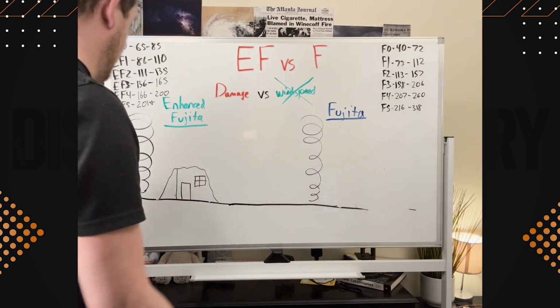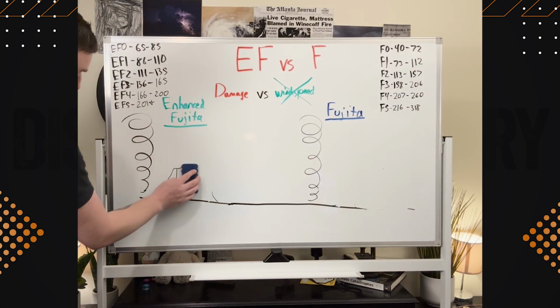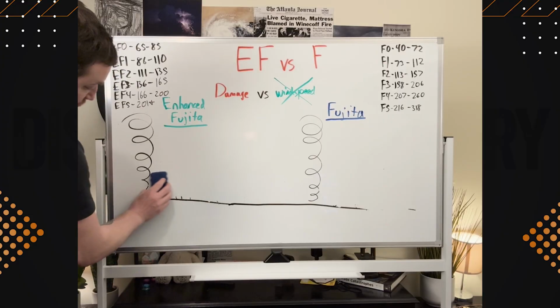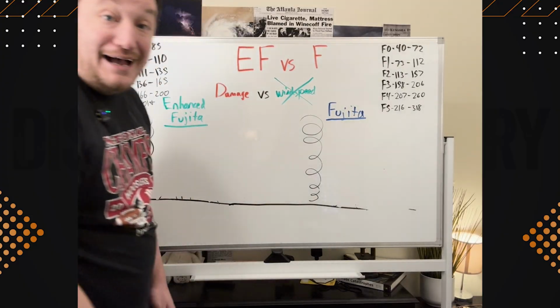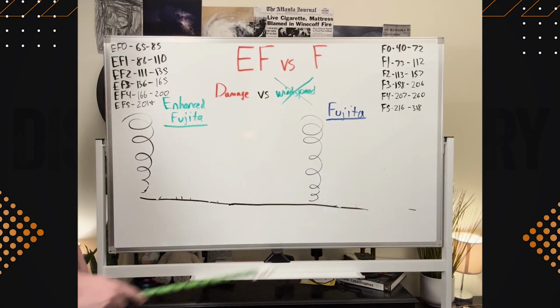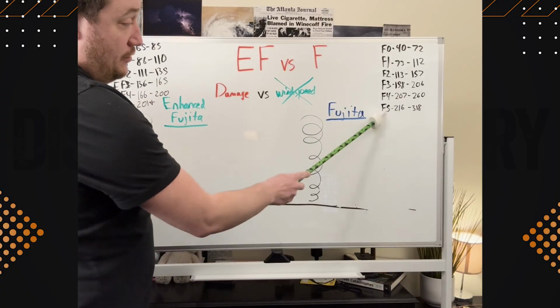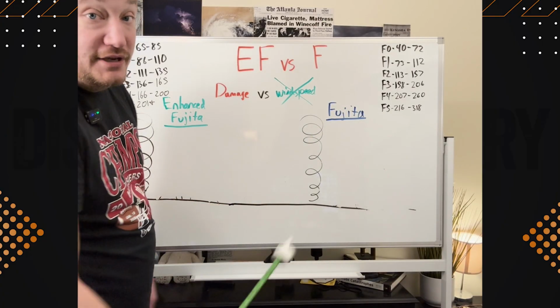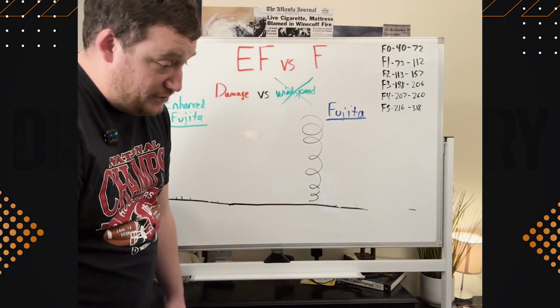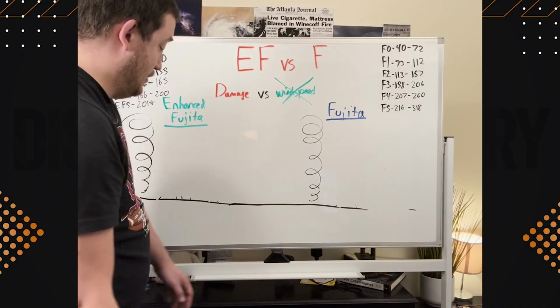There is nothing left. Same thing happens after February 1st, 2007. Slab is swept completely clean. We have nothing left. Both of these look like catastrophic damage, correct? This is always going to get an F5 rating, basically without question.